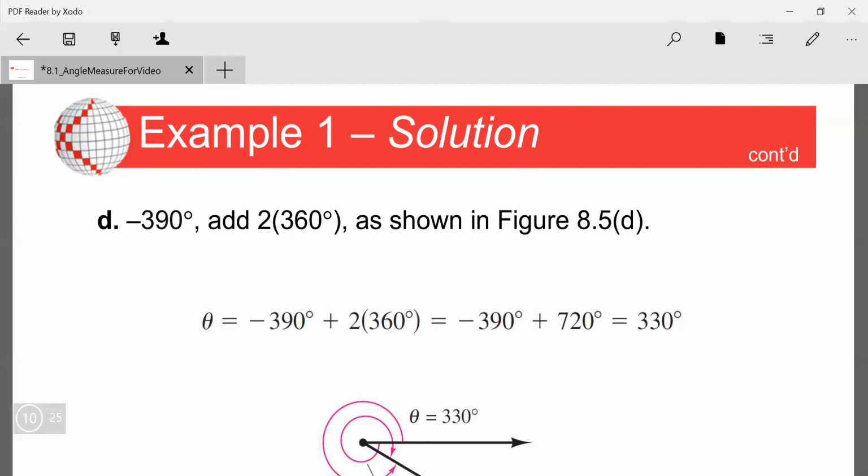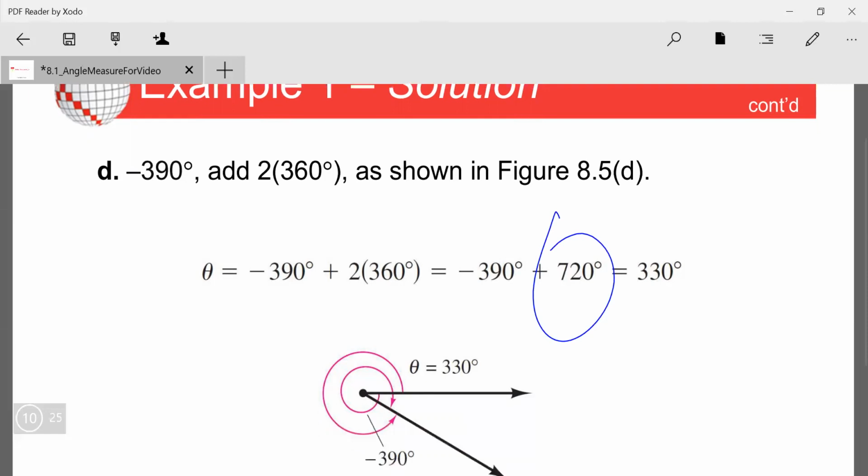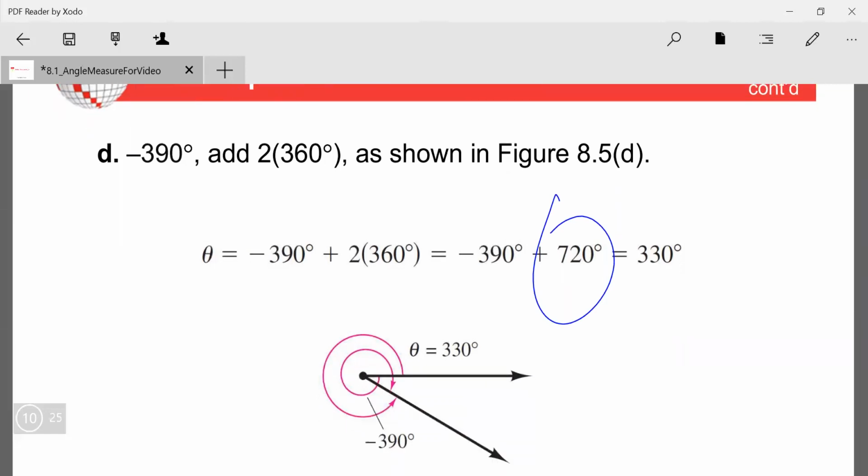So we need to add 2 times 360, in other words, we need to add 720 degrees, and the result is 330. It's positive, and it is less than 360.